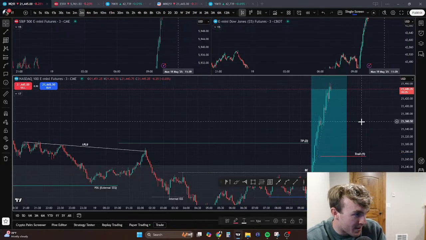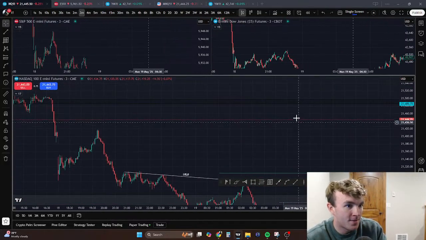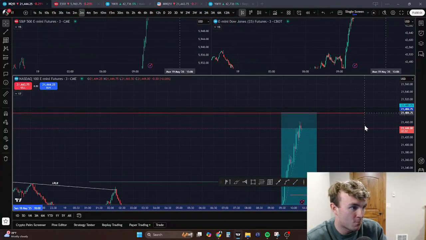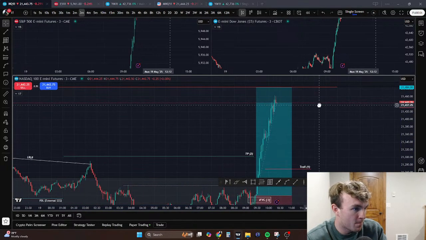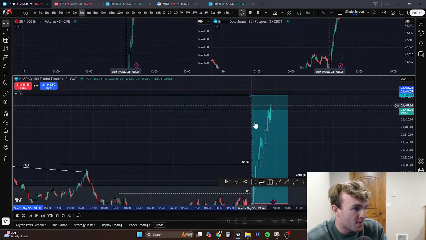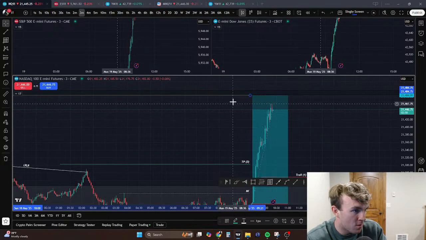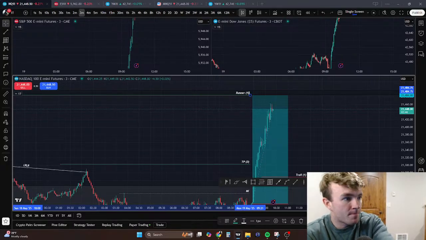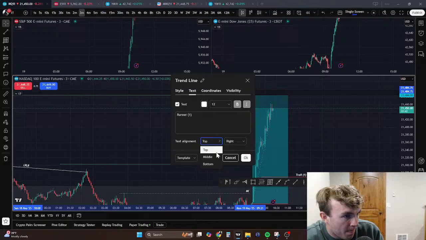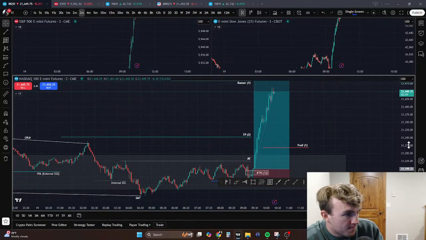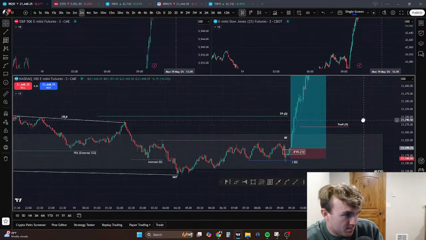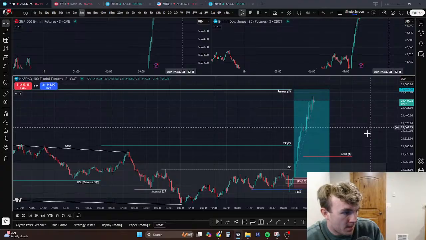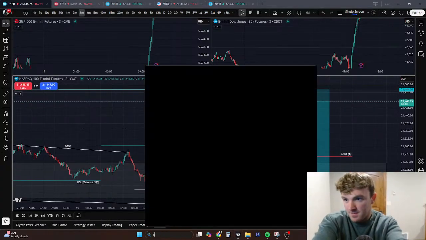So 1 trailed right here, and then runner. Runner. Let's screenshot this.